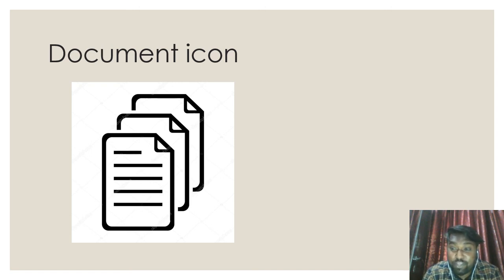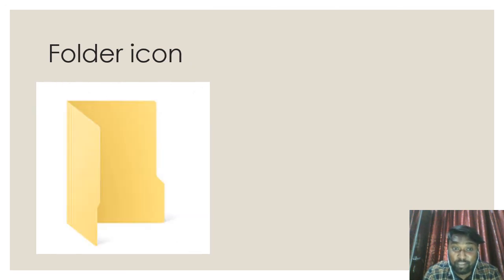That is the use of the document icon. The next one, folder icon. What do you mean by folder icon? By default the folder icon color is yellow, so we can save or store multiple files in the folder. That is the use of the folder icon.